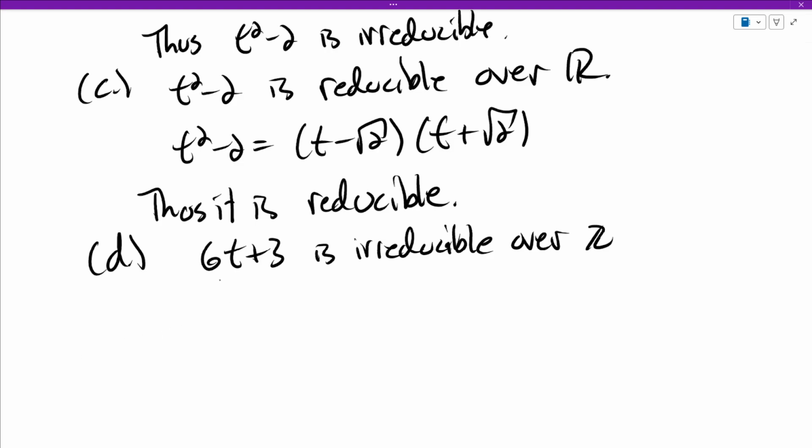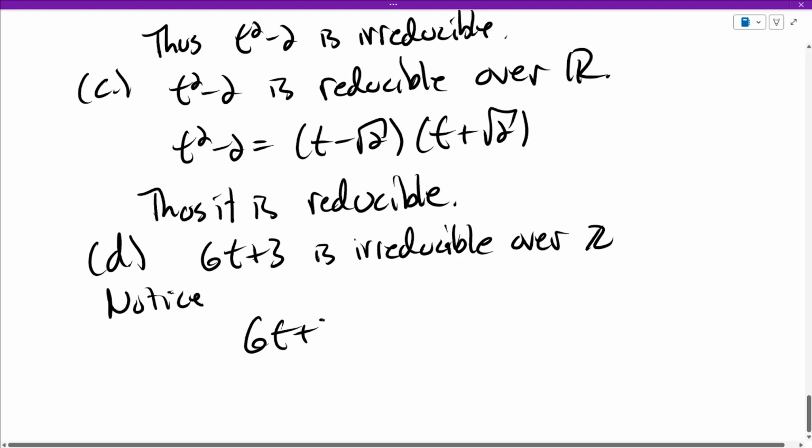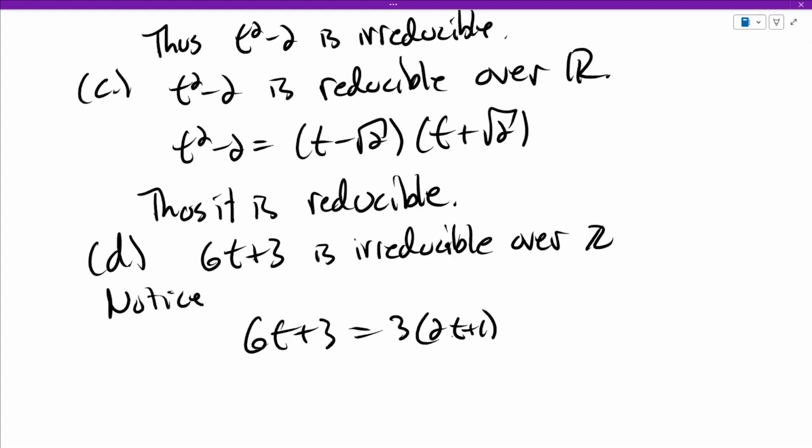But notice that this actually has an interesting factorization integrally. 6t plus 3 is 3 times (2t plus 1). Neither of these are units in Z adjoin t, and so this is a factorization into non-units.